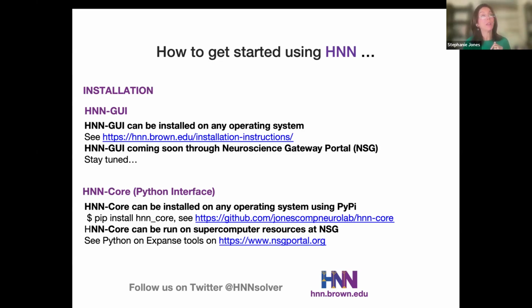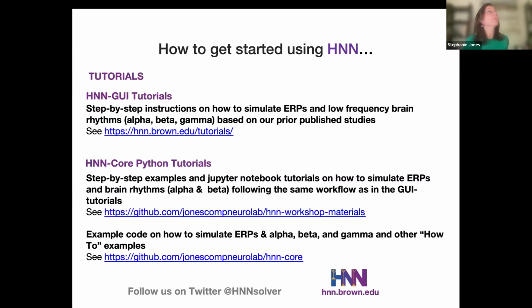HNN Core is our Python interface. You can install it with one line of code, pip install. Again, we're going to have a new GUI soon, developed on HNN Core code, and HNN Core can be run both on your local machine as well as right now on the San Diego supercomputers. Tutorials: we have tutorials on alpha, beta, and gamma based on our prior studies, also ERPs.